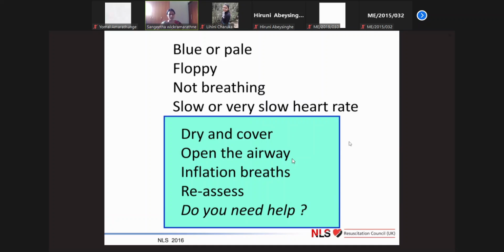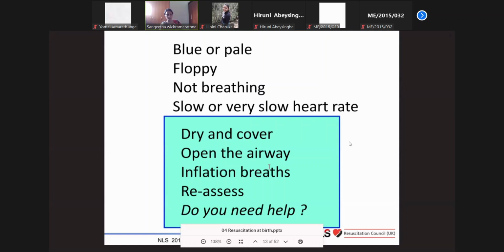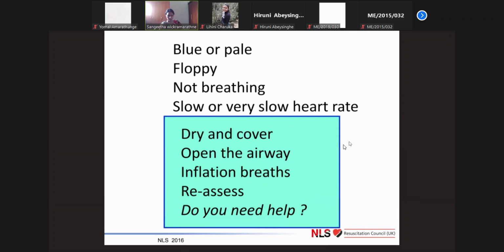Then you can just keep the airway open and keep the baby warm and observe, right? Reassess and see. But sometimes, even if you open the airway, there are no breathing attempts. Now the baby can be either in the early phase of primary apnea, still not going into gasping breaths, or else in terminal apnea.